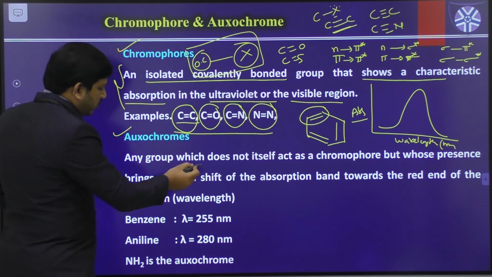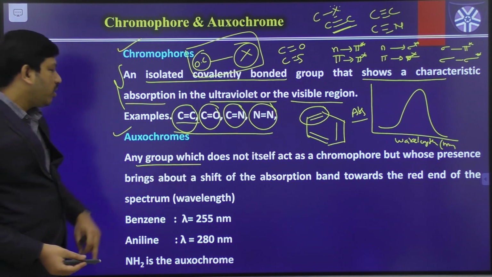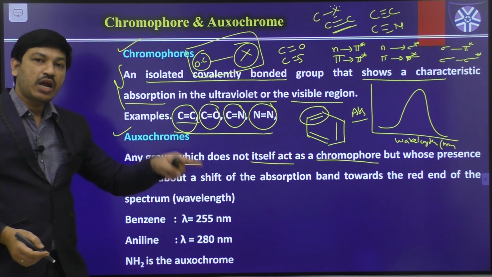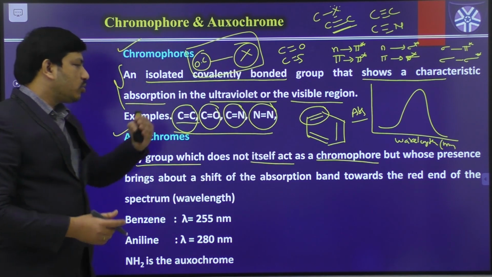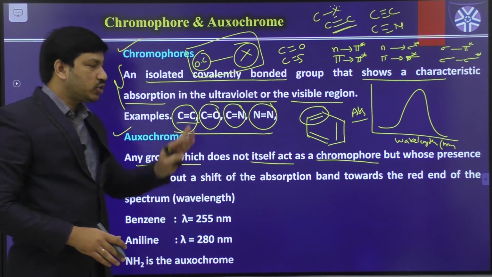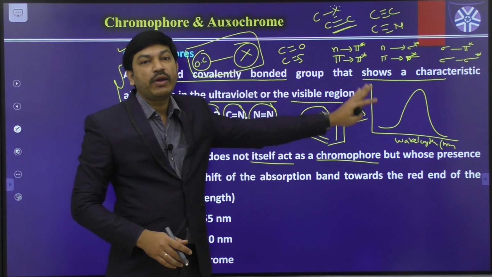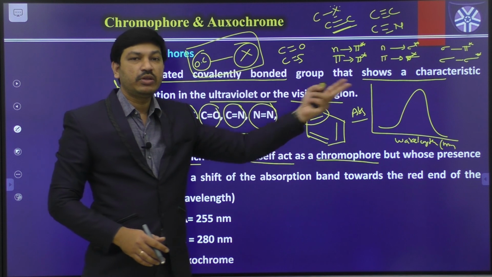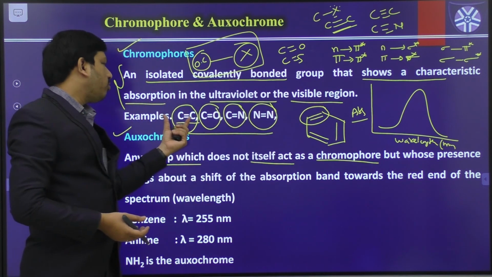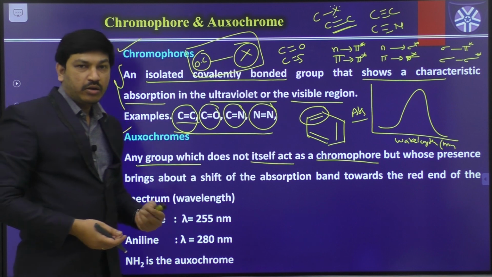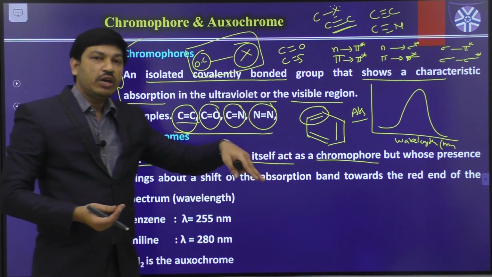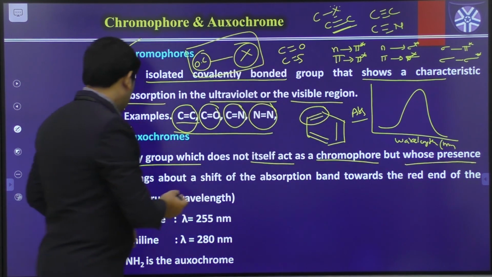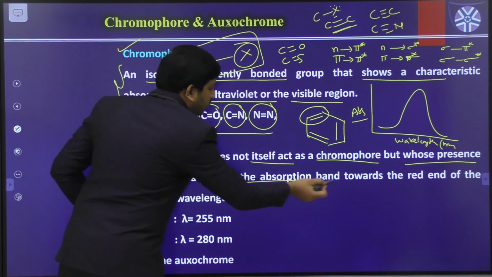So an auxochrome is any group which does not itself act as a chromophore. Individually it cannot act as a chromophore. What is a chromophore? A chromophore has a proper absorption peak in the corresponding absorption spectrum. That is the main group responsible for the absorption spectrum, like C double bond C or N double bond N. But some other groups are individually not acting as a chromophore, though their presence brings about a shift of the absorption band.